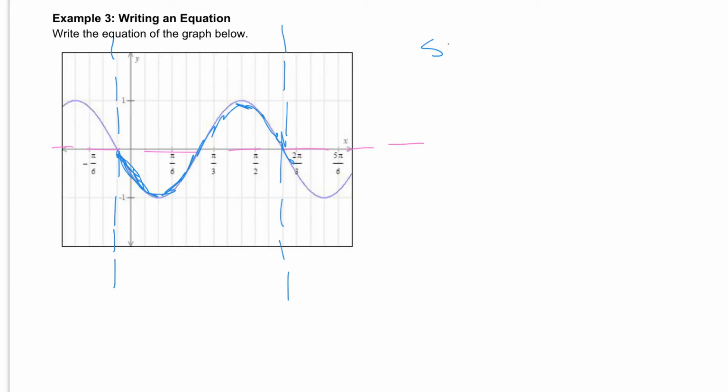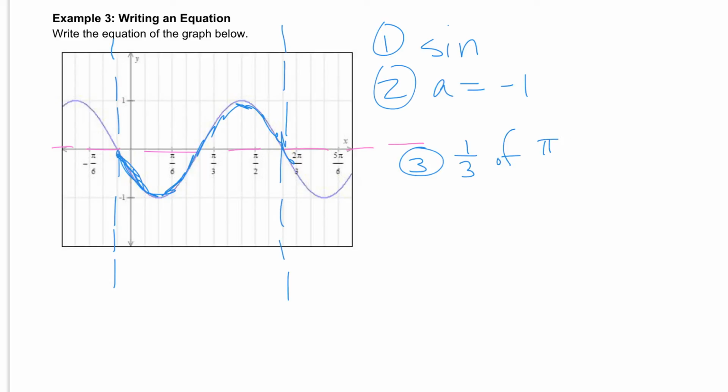So we would say our function for number 1 would be the sine. If we look at our amplitude's still the same. We're still 1 away, and it's still a reflection. So A is going to be negative 1. Then if we take a look at marking everything, the markings are still going to be the same as well. Remember that the second one was pi over 9, but now instead of taking 2/3 of pi over 6, we are only taking 1/3 of pi over 6.